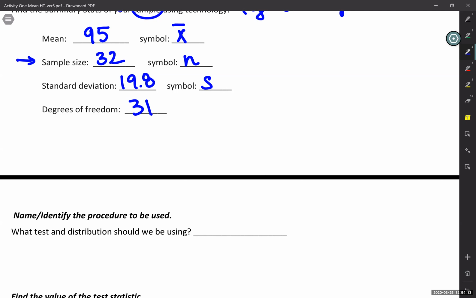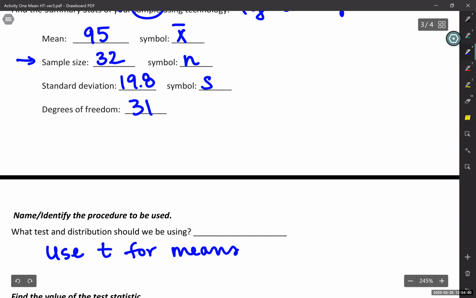So what we want to do now is decide what test and distribution we should be using. You already know the two tests, Z and T, and now we just need to know which one is for which. The good news is it's the same as confidence intervals. We are going to use T for means and Z for proportions.